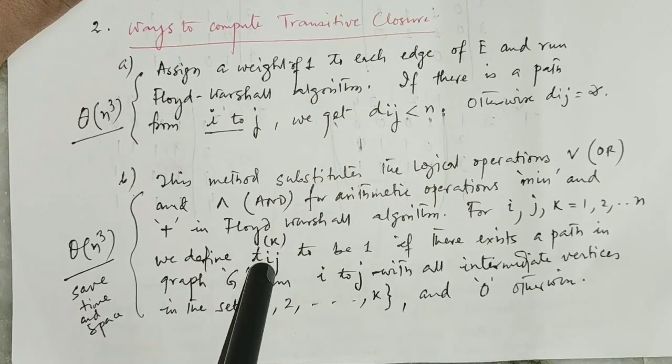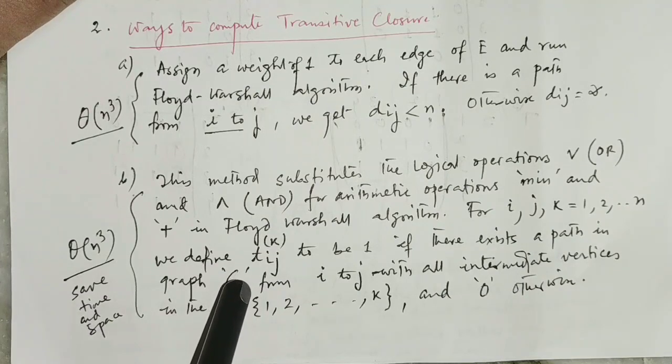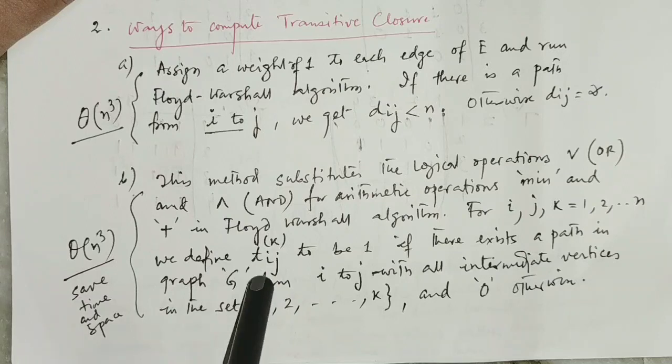So this t of ij using k is the entry of the transitive closure matrix. Finally we will form a transitive closure matrix capital T, which I will come to later, where the entries will be identified as small t of ij.